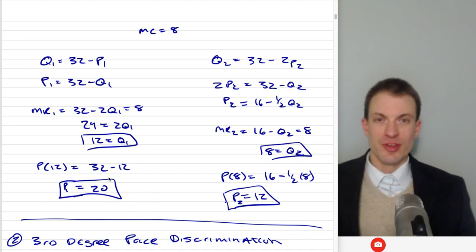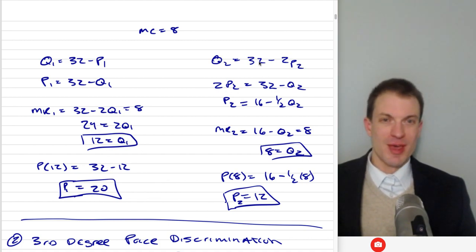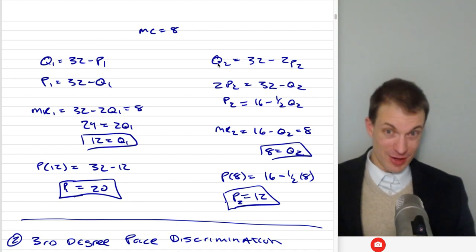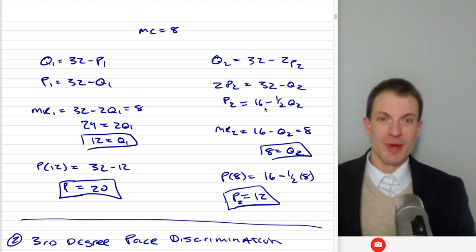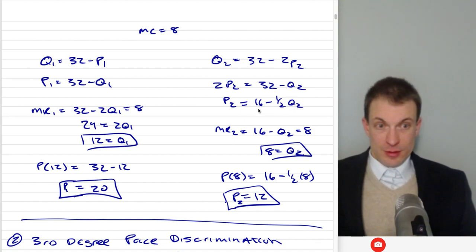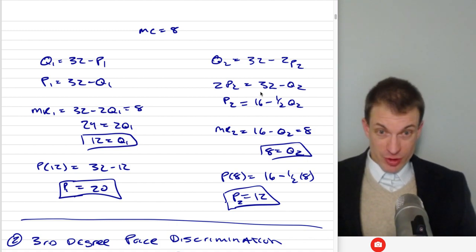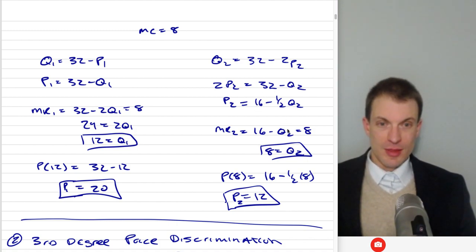All right, what about market segment 2? Well, the inverse demand is slightly more complicated algebraically to back out. So I'll move this 2P2 to one side, 32 minus Q2, and then I'll divide through by 2. So I'll have price is equal to 16 minus 1/2 Q2. Marginal revenue is going to have the same vertical intercept, so 16, and then twice the slope.